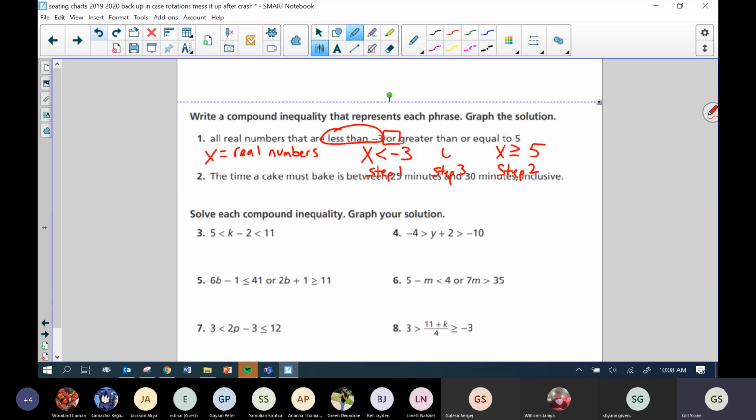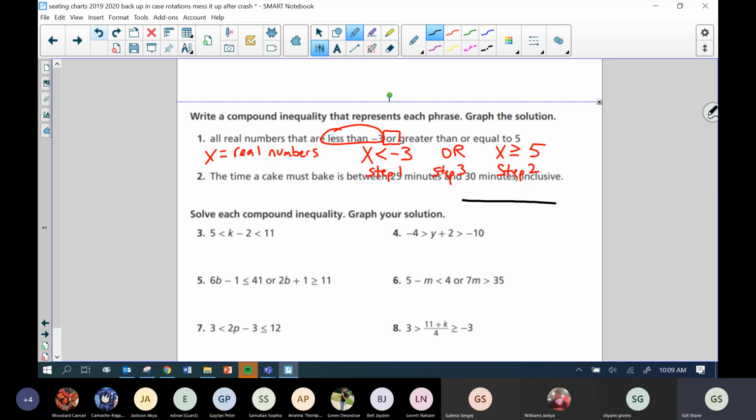Now, word problems can be a little trickier sometimes because they don't always just use and, and they don't always just use or. Sometimes you have to figure out what that word is supposed to be, and you'll see that in the next problem. So we now have it. We can graph that. It's x is less than -3 or greater than or equal to 5.